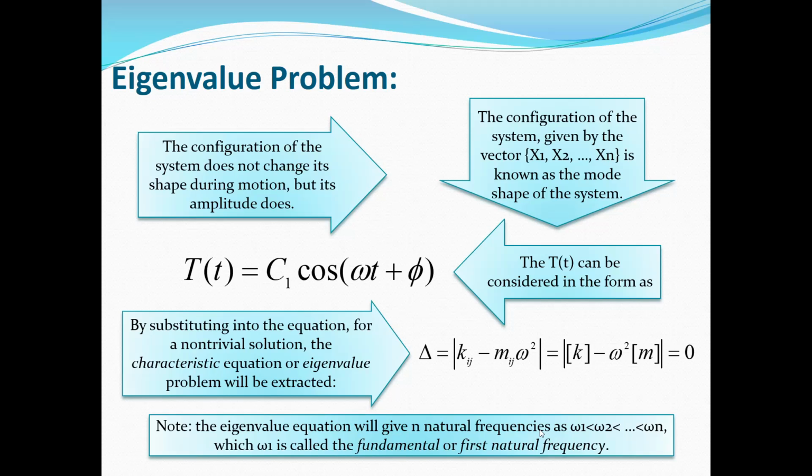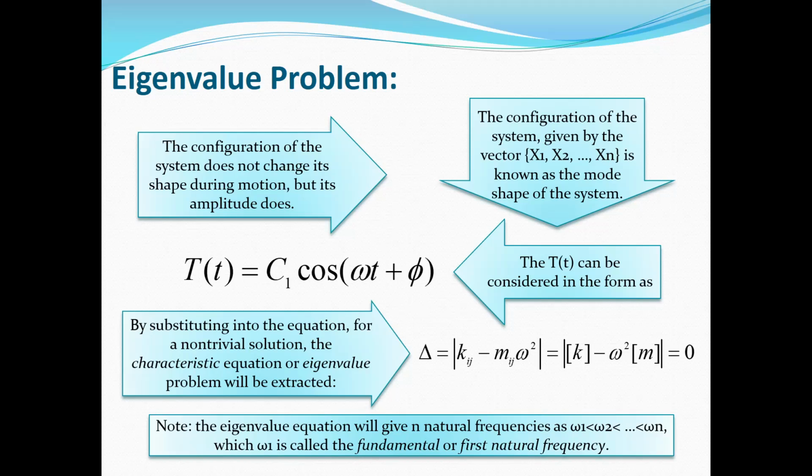The most important frequency is always the lowest one, which is called omega 1, and this is also called the fundamental or first natural frequency. So usually in practical problems, we seek the first natural frequency because this is the most important one.